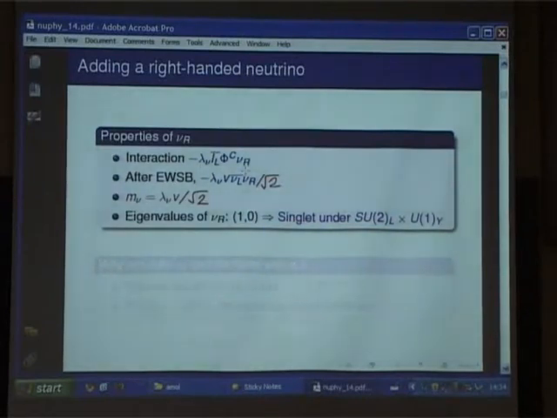For this to happen, we also saw that nu R has to have particular eigenvalues under SU(2) cross U(1). It has to be a singlet under SU(2), and it has to have Y equal to 0.